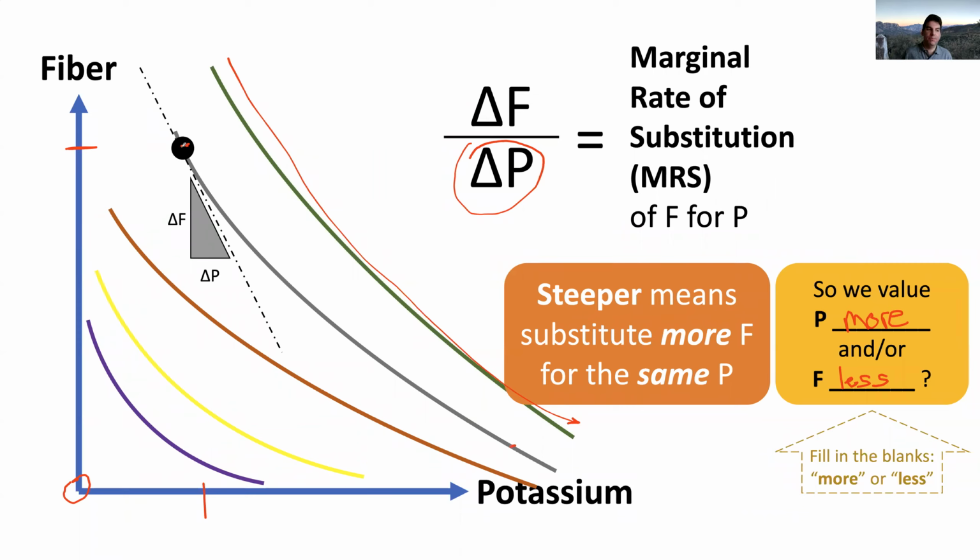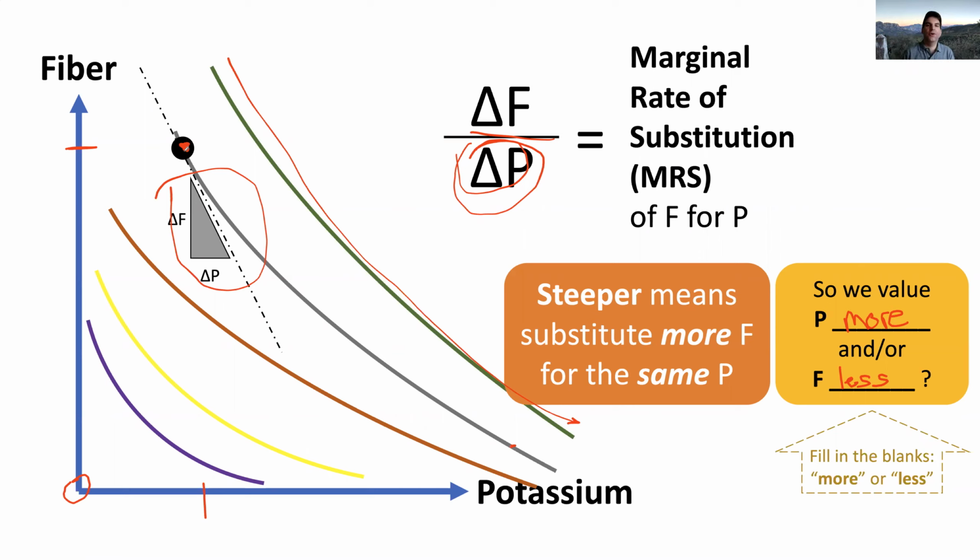When you are at a steep portion, then that means that you are willing to give up more of the denominator to get the same amount of the numerator. Let me see if I've said that right. It's probably easier just to visualize here. When you're at the steeper portion here, what it's saying is that if you give up a little bit of the denominator, you have to compensate that with a lot of the numerator.